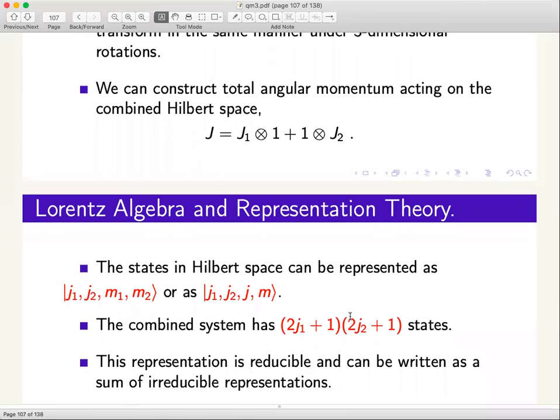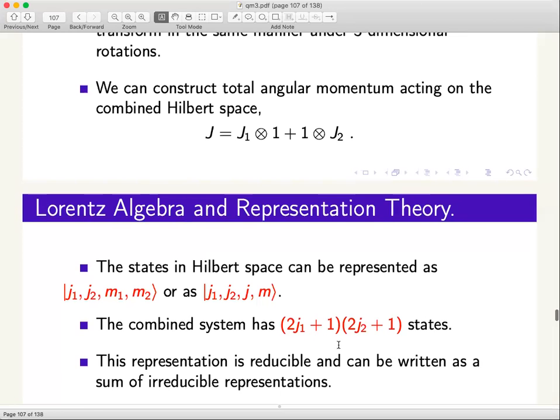Now when you combine these angular momenta, you typically find that this representation is not an irreducible representation. In fact, this representation can be decomposed into smaller representations, and the smaller representations are irreducible, which means they cannot be written in terms of representations smaller than them. Of course, whatever irreducible representations you have, the dimensionality of those irreducible representations should add up to this number.